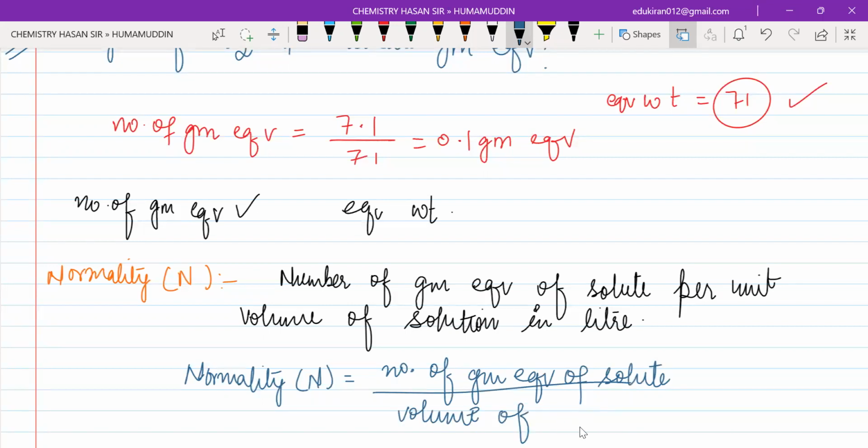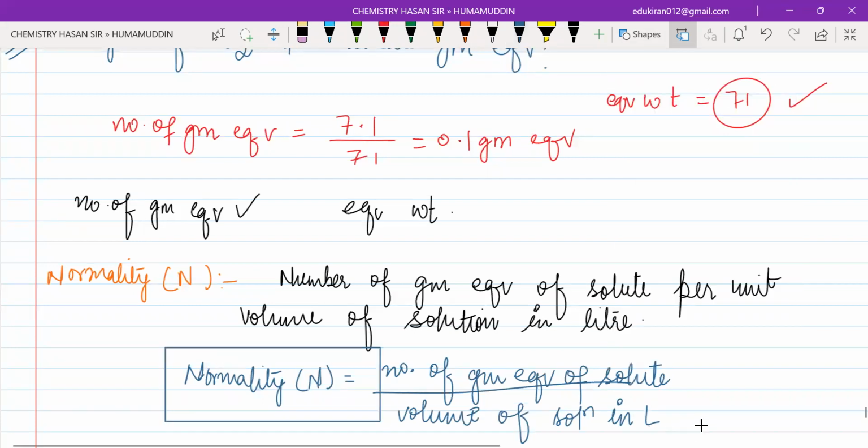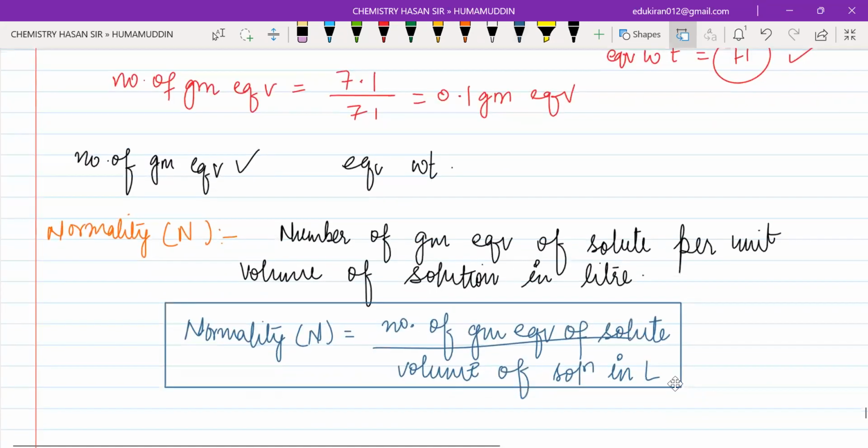So this normality has a formula in which the number of gram equivalent will be in the numerator, and make sure that when you apply the formula, the volume of solution must be in liter, and hence the unit, you can see, in the numerator is gram equivalent and in the denominator is liter.